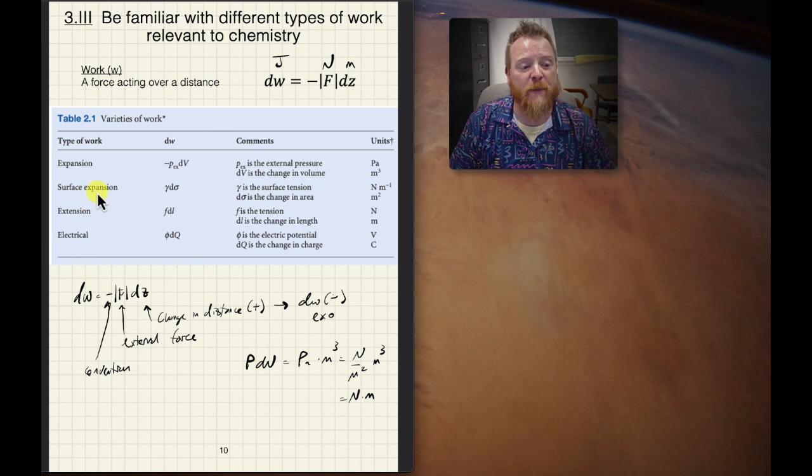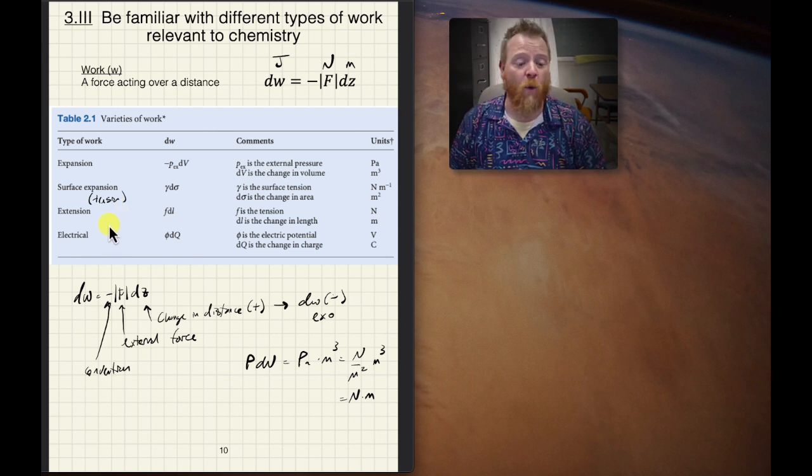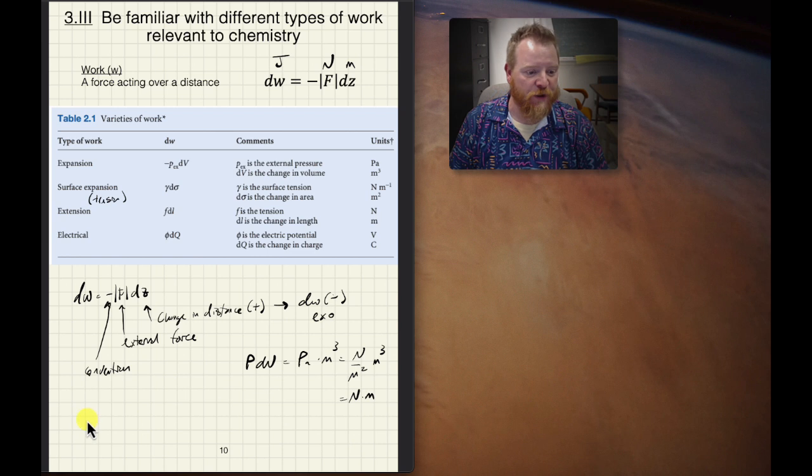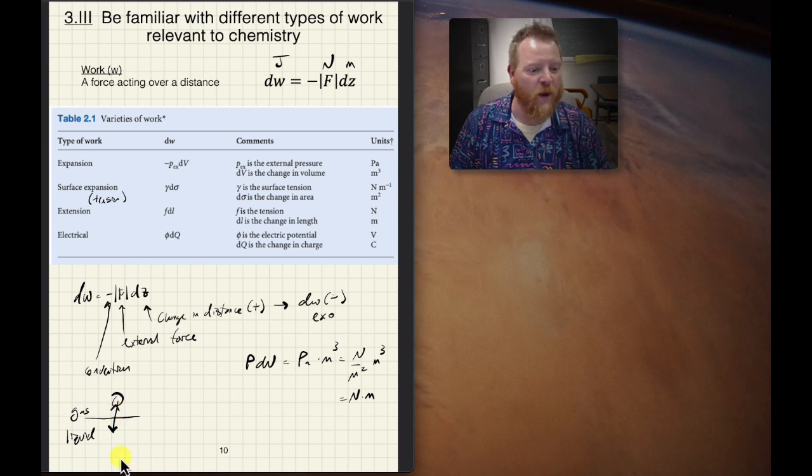So surface expansion, or sometimes surface tension, is another type of work. Surface tension is the work required to bring a molecule across an interface. So if we imagine we've got a gas here and a liquid, and I want to take one of these gas molecules and pump it into the liquid, or the other way around, we've got to break that surface.